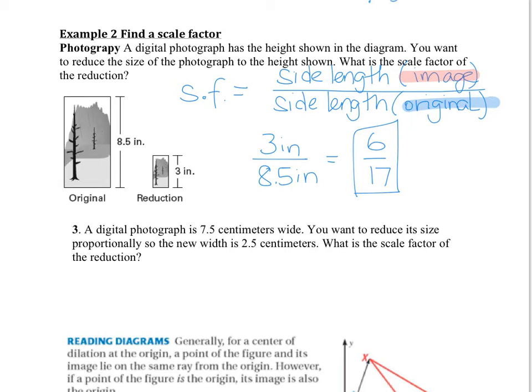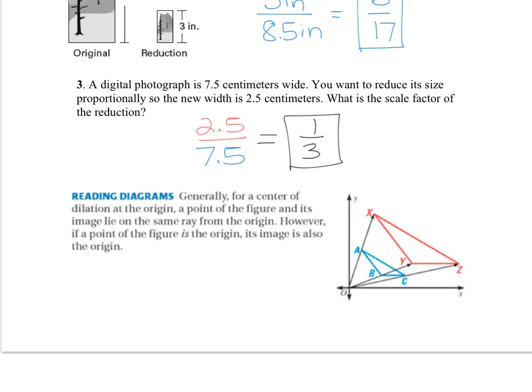Okay, so it's the image, which is the new side length, over the original. Because it says it's a reduction, you should definitely get a fraction.